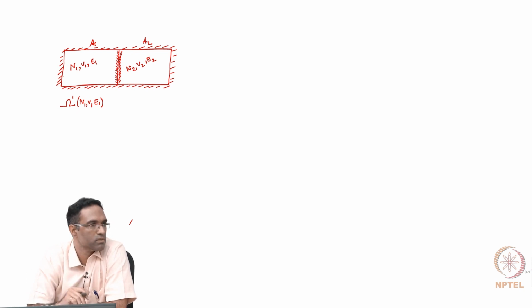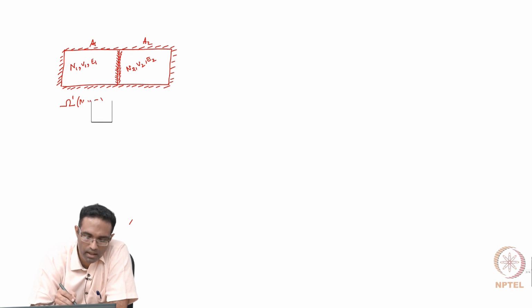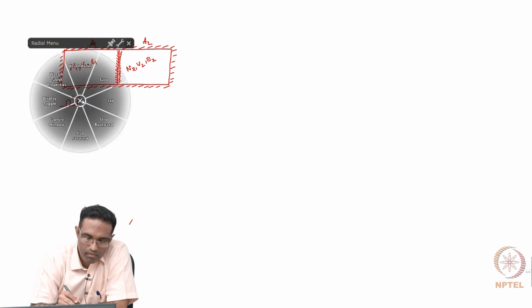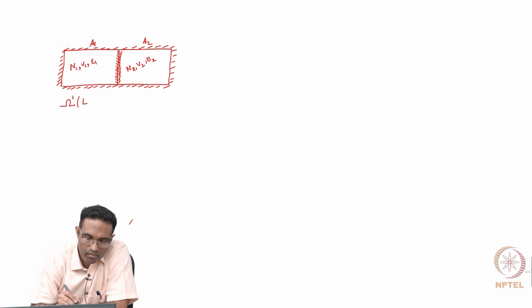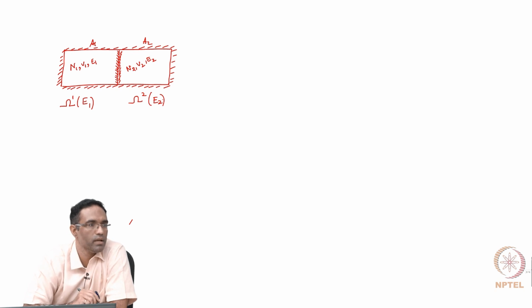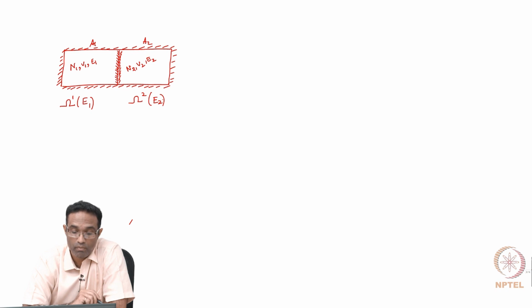Here N1 and V1 actually don't matter, it is only the energy that is going to be of importance to us, so we will not necessarily write them. Omega 2 is the total number of ways the A2 system can have the macroscopic state N2, V2 and E2, right.